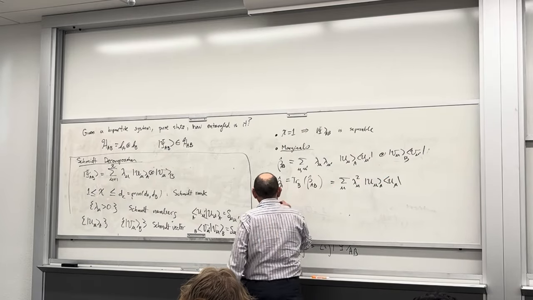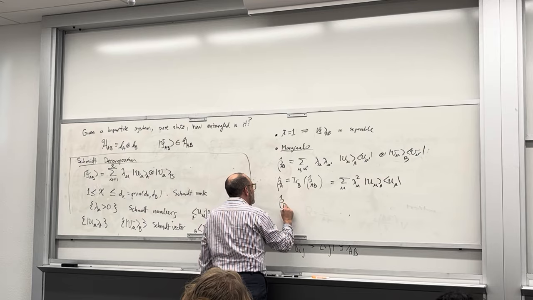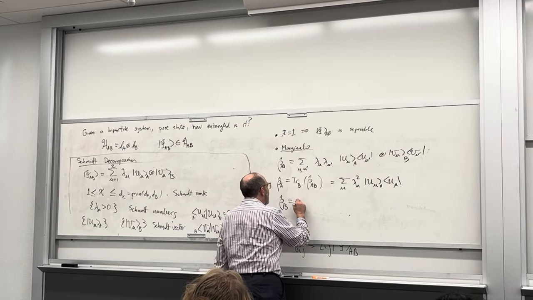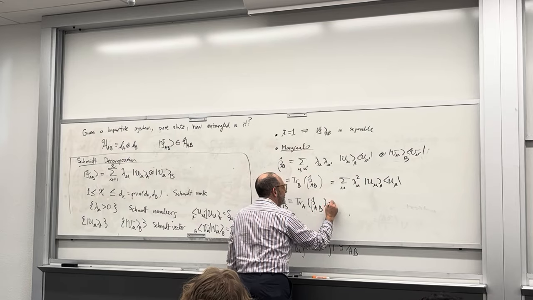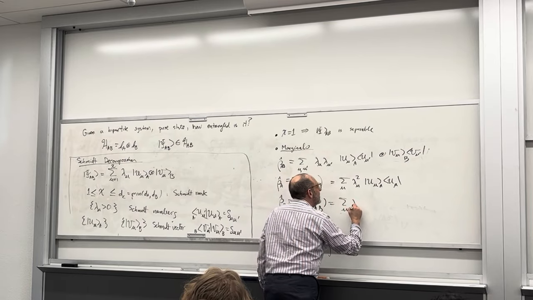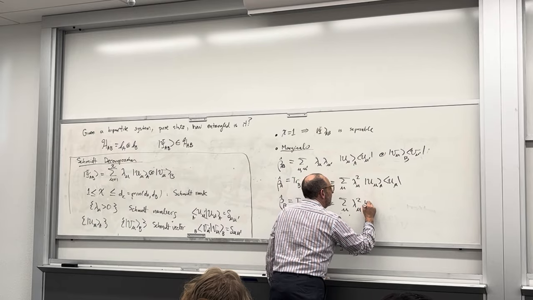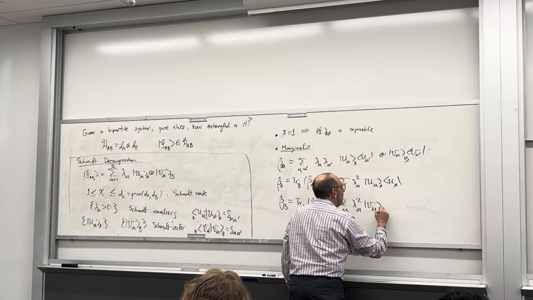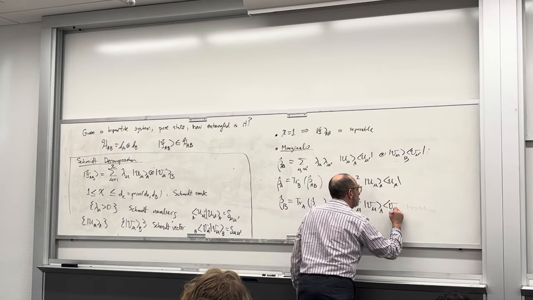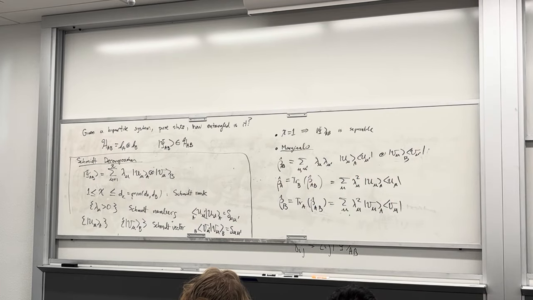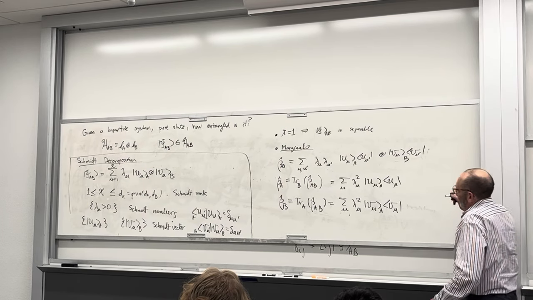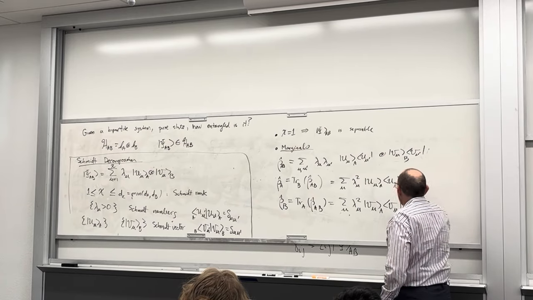And similarly, what is the marginal of subsystem B? I trace out subsystem A, do the same thing, and I'll get this. So that's really interesting. What do we learn from this? We learn lots of things, but we learn at least two.